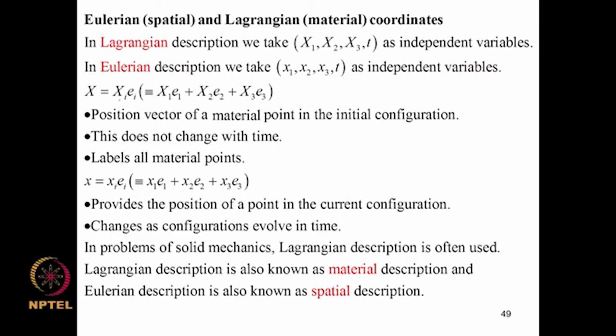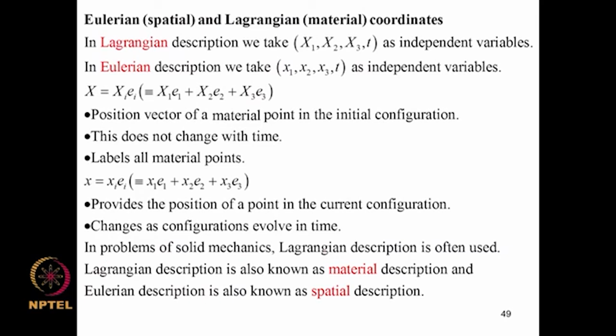Now, the position vector capital X is written as Xi Ei, which is nothing but X1 E1 plus X2 E2 plus X3 E3. This is the position vector of a material point in the initial configuration. This does not change with time, because the initial configuration is some reference position that does not change with time. It labels all material points, whereas the lowercase x, which is again xi ei, provides the position of a point in the current configuration, and changes as configurations evolve in time.